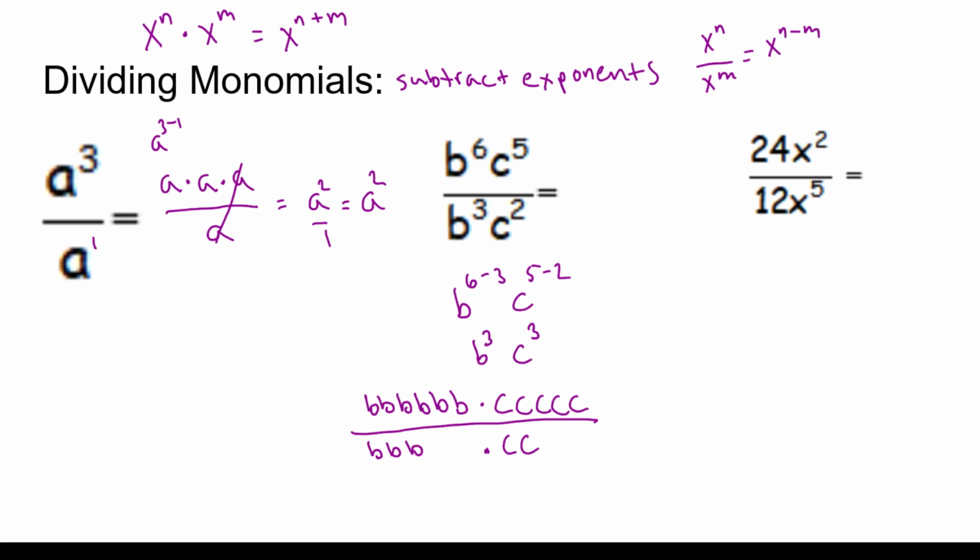Okay, if we do it this way, we can visualize our cancellation here. So I lose 3 b's and 2 c's. I'm left with 3 b's, b cubed, and 3 c's, c cubed. Or we could just subtract.